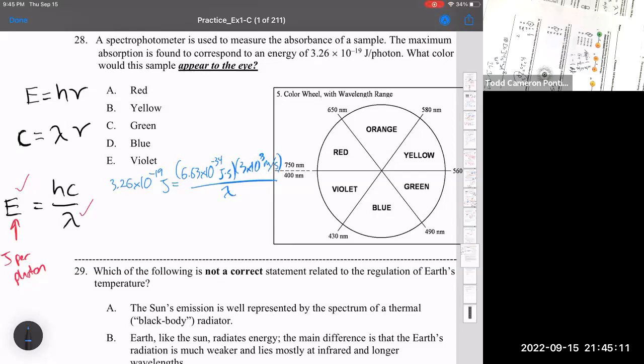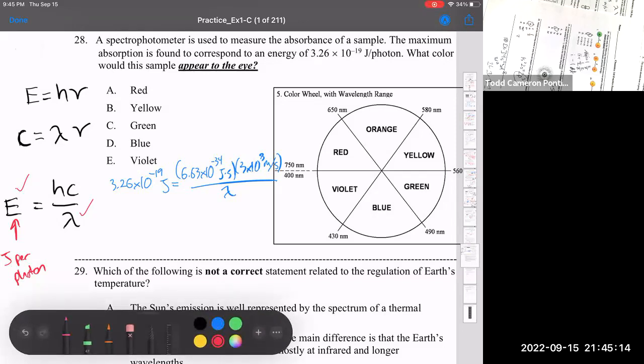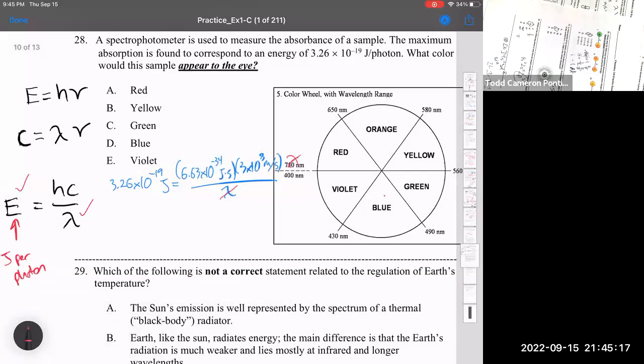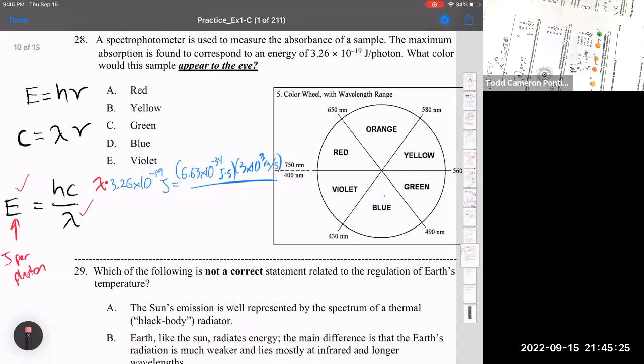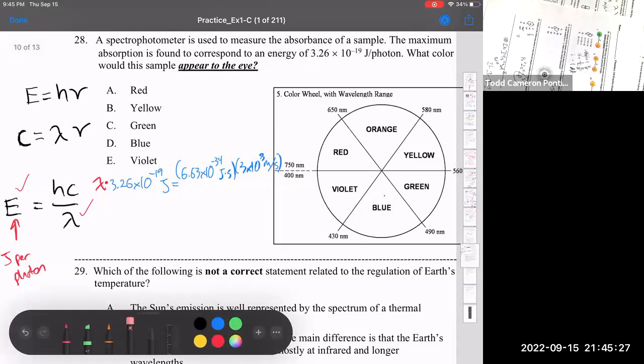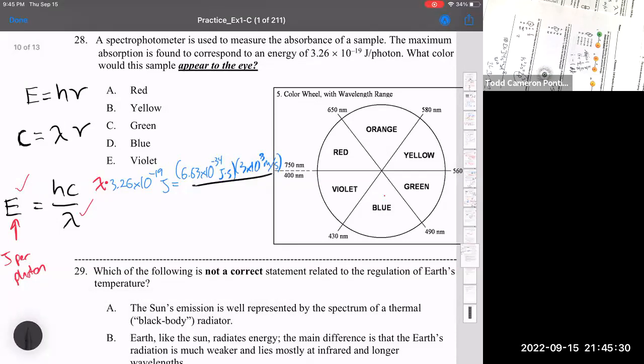I'm going to multiply both sides by lambda, which will cancel out lambda here. And then once we do that, I'm going to divide both sides by the 3.26 times 10 to the negative 19th joules. When we do, joules cancels out, seconds cancels out, and we're left with just meters.